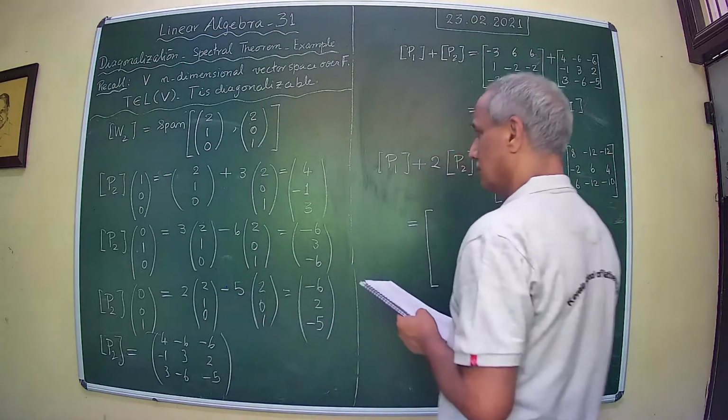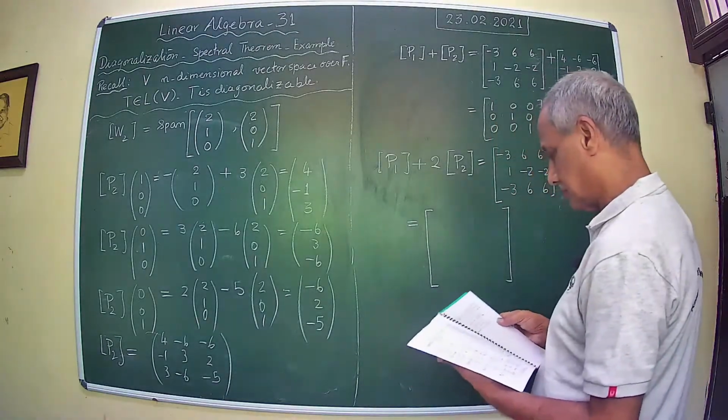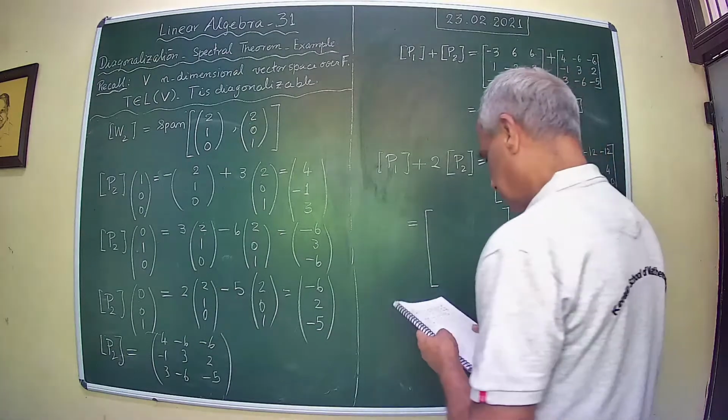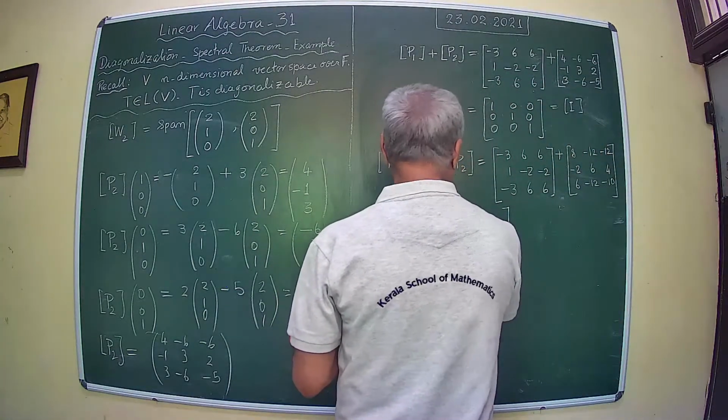Add up these two. If you add up these three, then you will get 5.